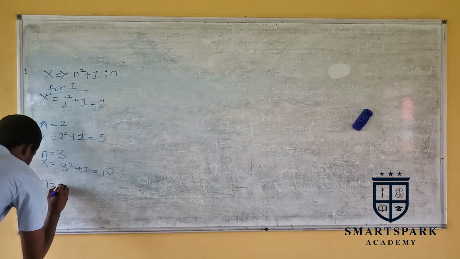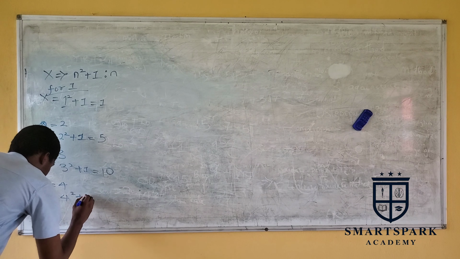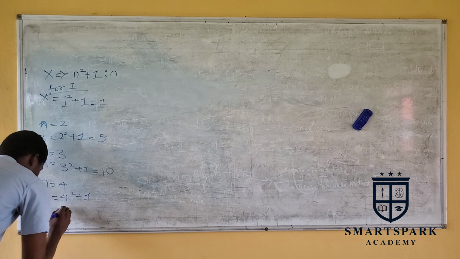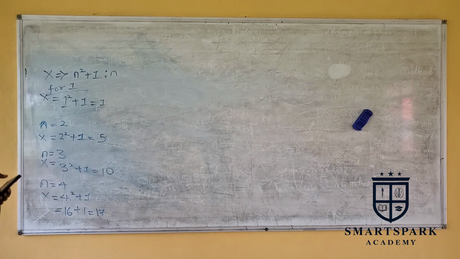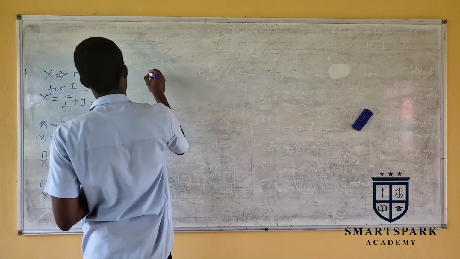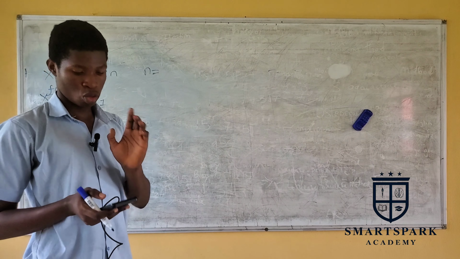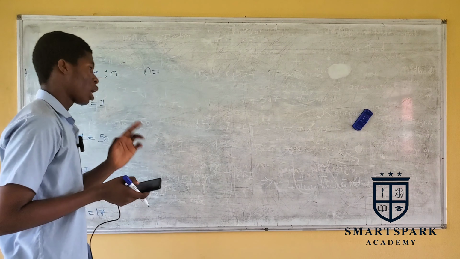N is equal to 4. X is equal to 4 squared plus 1. So 4 squared is 16, plus 1, which is 17. We are going to do n equals 5 because our number is between 1 and 5, in that range.